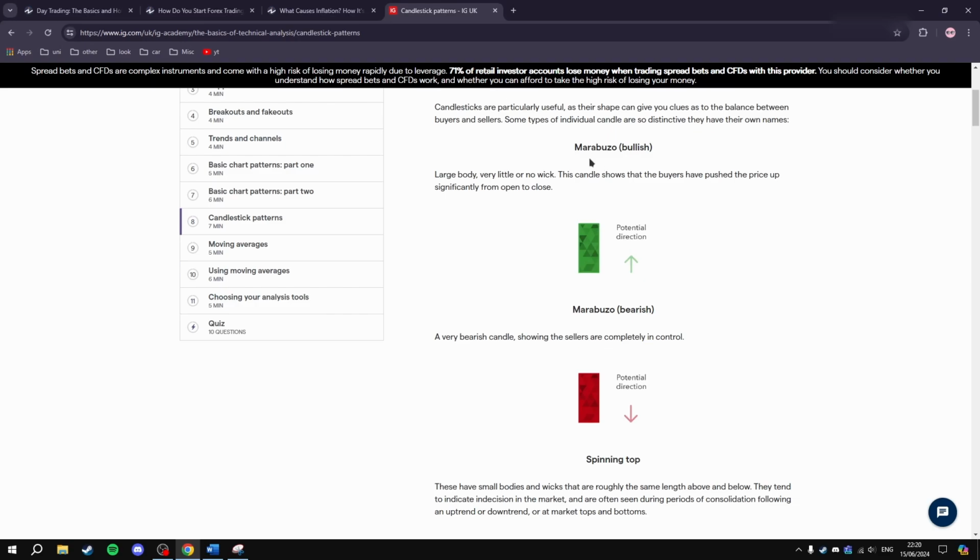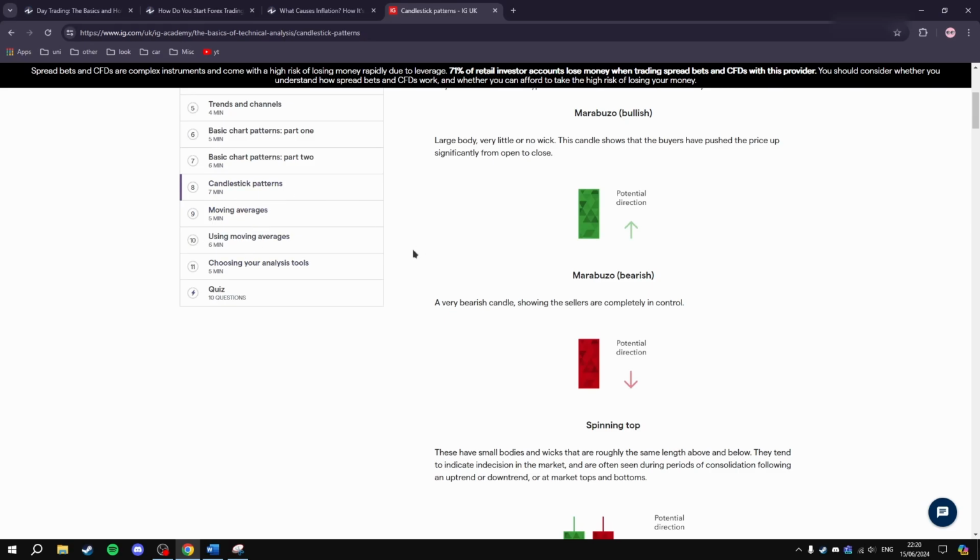So, Marubozu, bullish. Large body, very little or no wick.